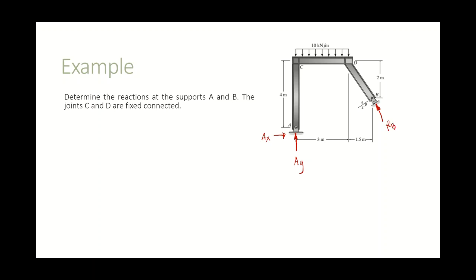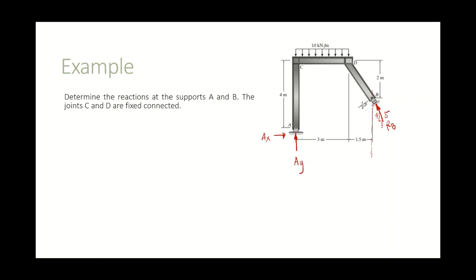But since this is inclined, this is its angle. When we draw a straight line, this will be the triangle. We have 3, 4, and 5.